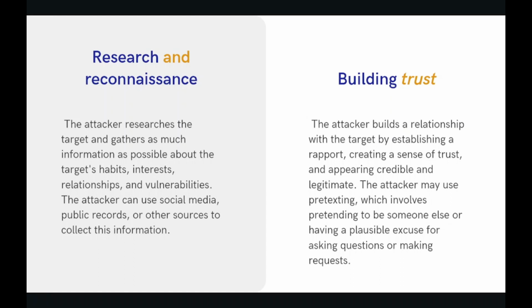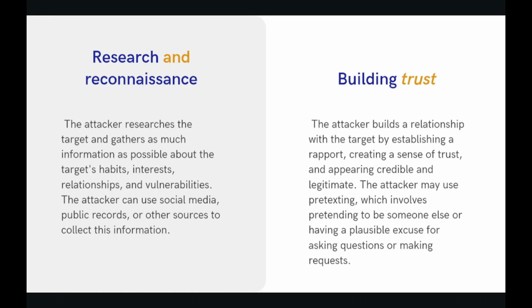This information can be used to create a highly tailored and convincing attack, increasing the likelihood that the target will fall for it. There are many different sources that an attacker can use to gather this information, including social media, public records, and other online resources.